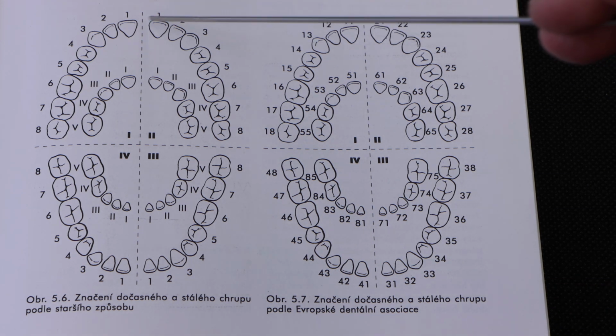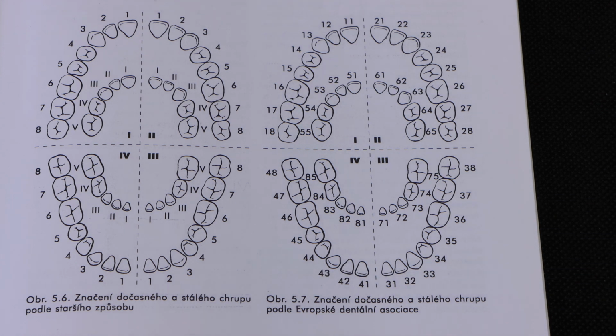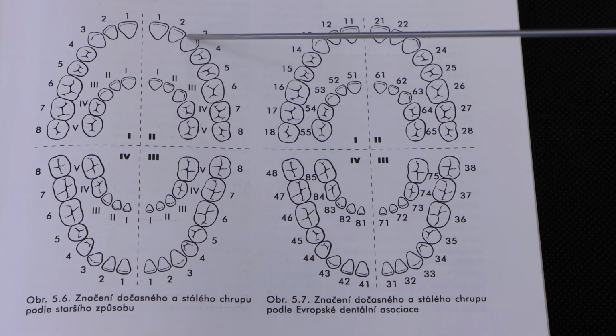Then the shapes of the teeth are different, as you see. That's why in human beings we use the terminology heterodont, which means that we have different shapes of teeth.